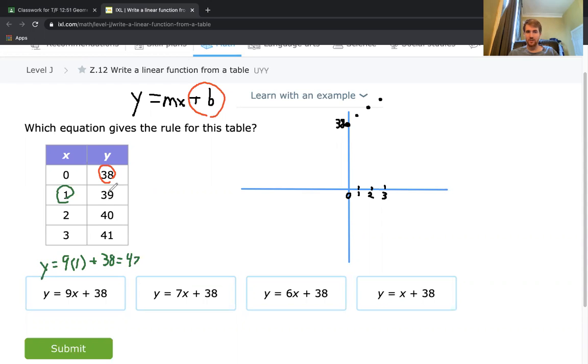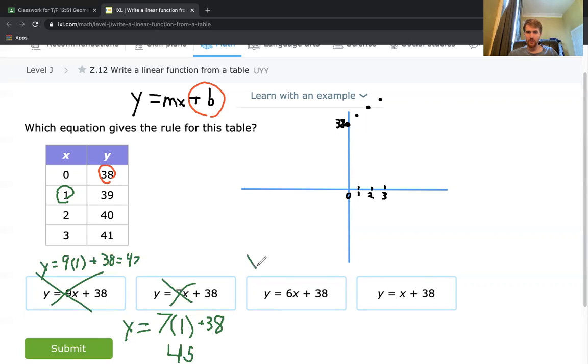Well, this can't be right because we were supposed to get 39, right? y equals 39, not 47. So that's wrong. Let's try this one. y equals 7x. We're using this for 1, so x equals 1. We want to get 39. Plus 38. 7 times 1 is 7, plus 38 is 45. So this also doesn't work.